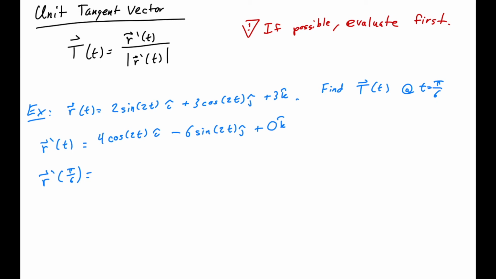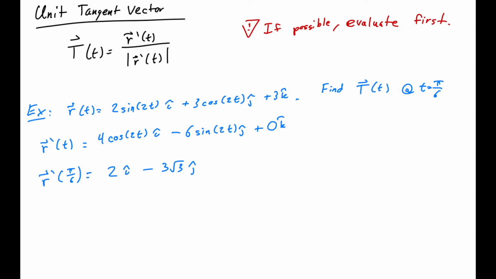Careful that we multiply by 2 first, so it's pi over 3. We're talking about 2i minus 3 root 3 j, and then 0 in the k direction.